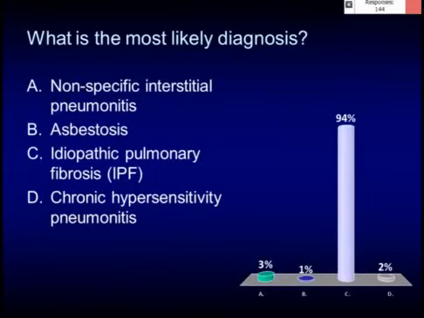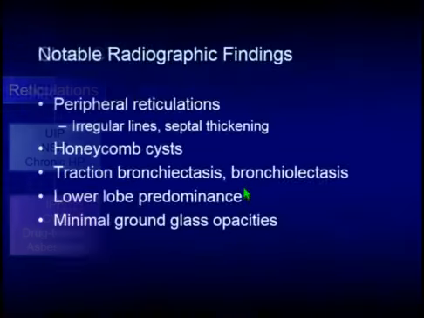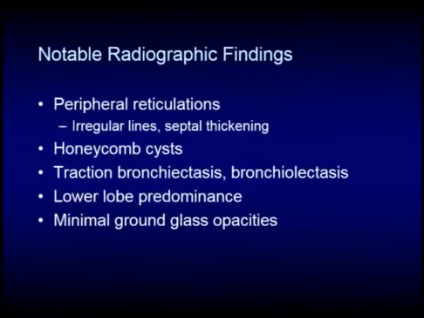The predominant features we saw here is a reticular pattern that is more lower lung field peripheral predominance with reticulations, honeycomb changes, traction bronchiectasis and bronchiolectasis, and minimal amount of ground glass. Asbestosis would not be inappropriate here if there were other features of asbestos-related lung disease like pleural plaques, rounded atelectasis, and a clear history. So that's the only other answer that could make sense with the appropriate additional findings.